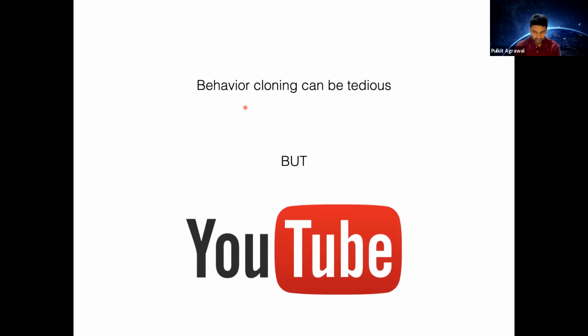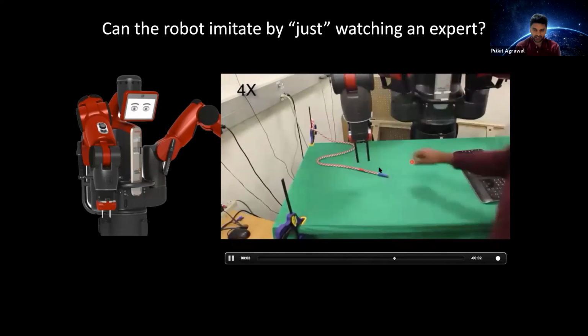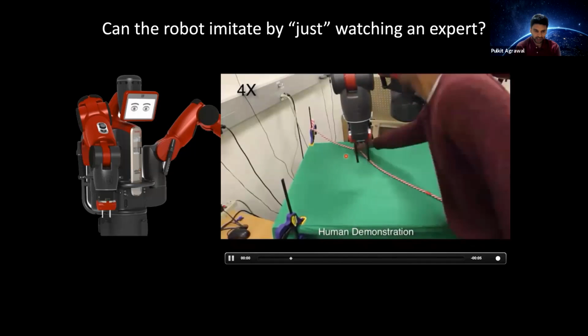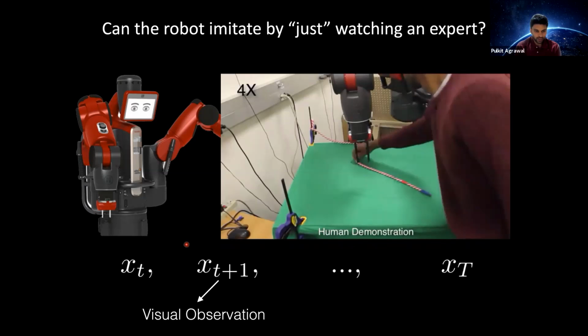To put it more concretely, suppose a human is giving a demonstration over here by manipulating the rope. Typically, what we assume is that my system might have access to both the states of the world, but also access to the robot's action. Instead, what we want to move towards is a paradigm where we only have access to the states of the world.